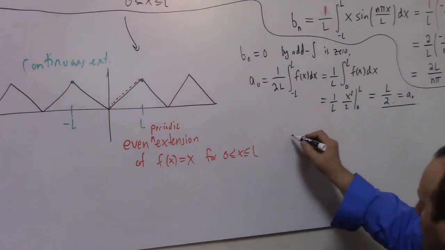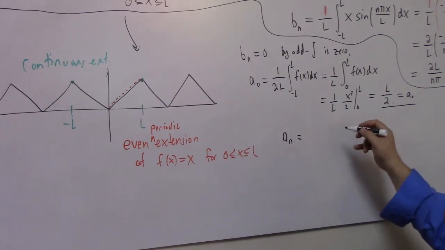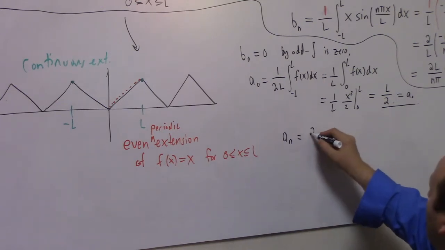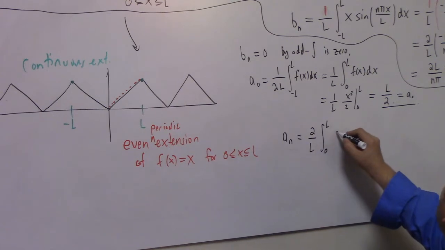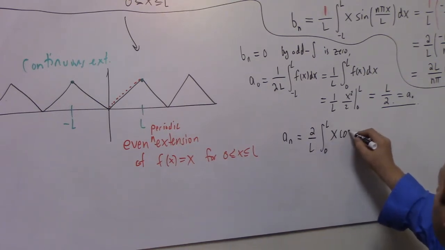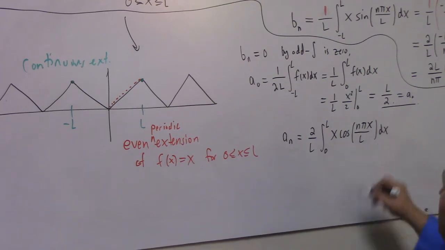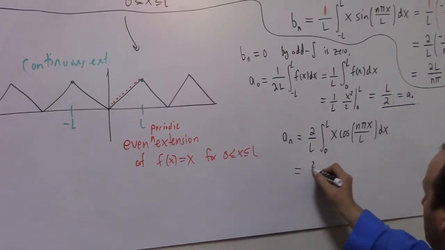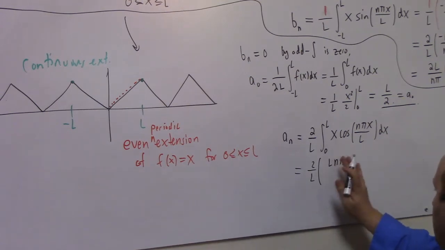Now, the a sub n, I'll just go ahead and do the doubling. We'll get 2 over L, the integral from 0 to L of x cosine n pi x over L dx. Again, integrate by parts.